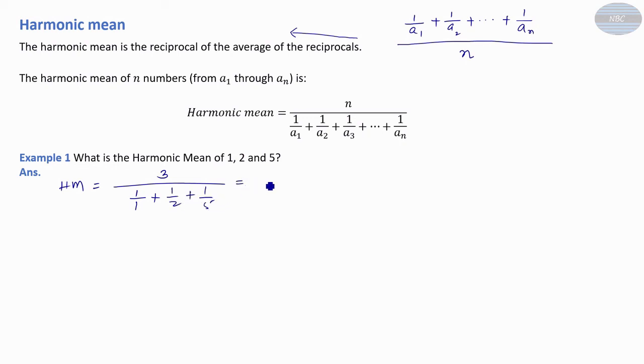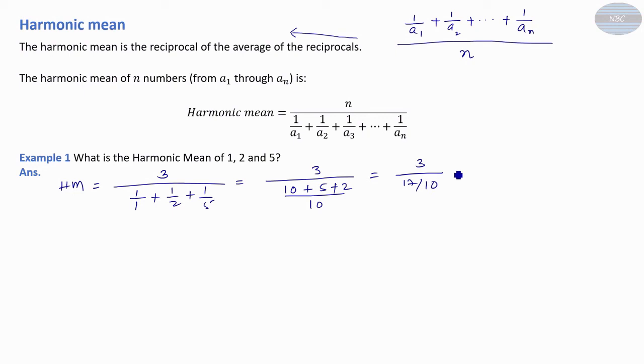So in the denominator we have the LCM as 10. So this is 10 plus 5 plus 2. So this is nothing but 3 divided by 17 by 10.